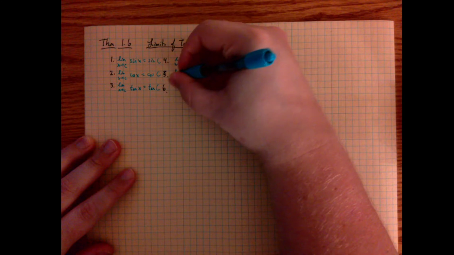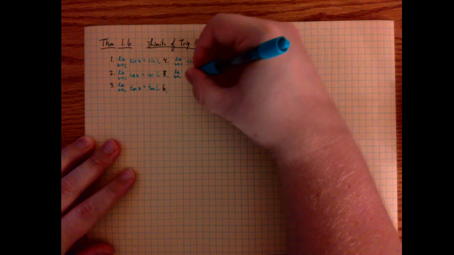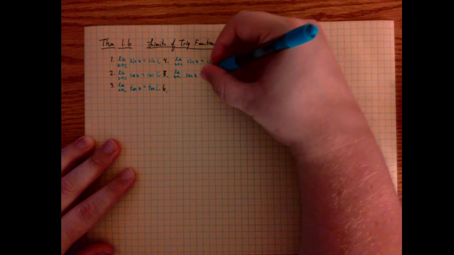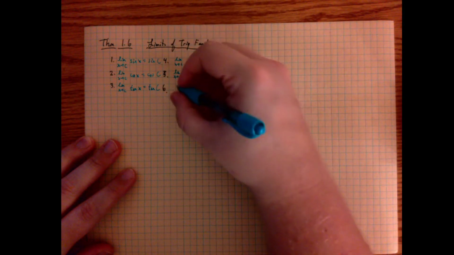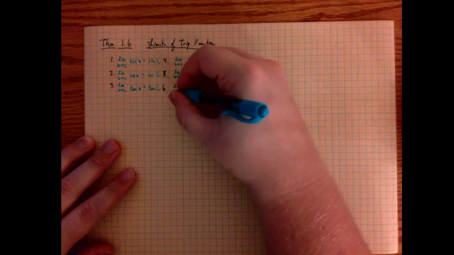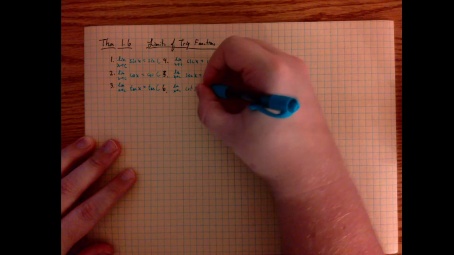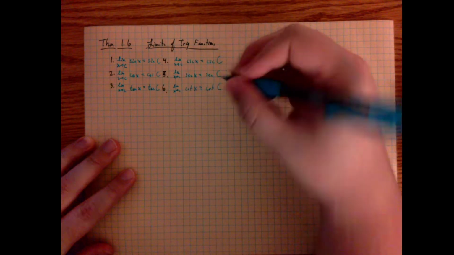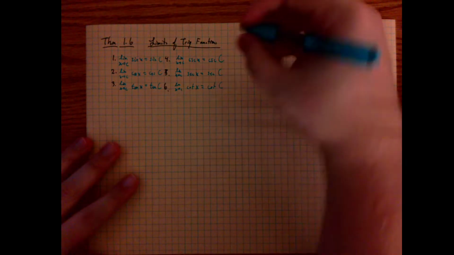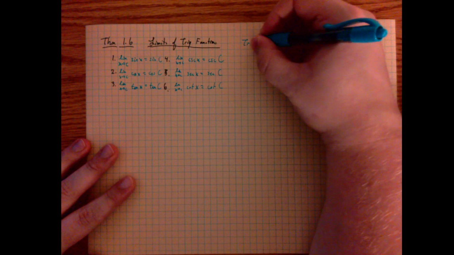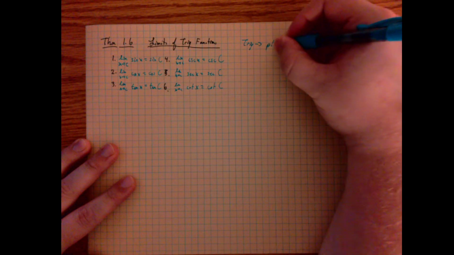Limit as x approaches c of secant x is secant c. And then limit as x approaches c of cotangent x is cotangent c. And so for all the trig functions, trig basically becomes a plug and chug.